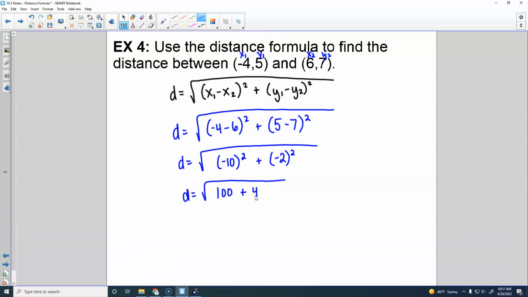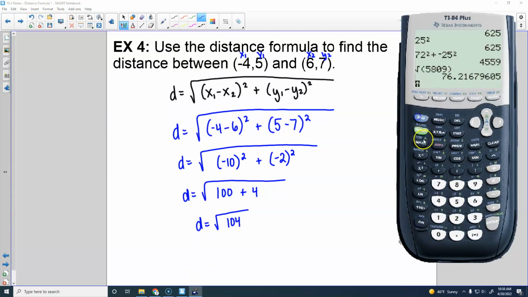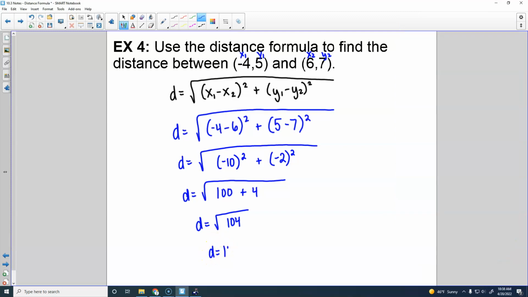Right, when we raise them to the second power, they have to be positive, because even if you have a negative number, negative times negative will give you a positive. So these two numbers right here should always be positive, and then you get square root of 104, which we will type into the calculator. Okay, so 10.198, like Julian said, would be our answer.